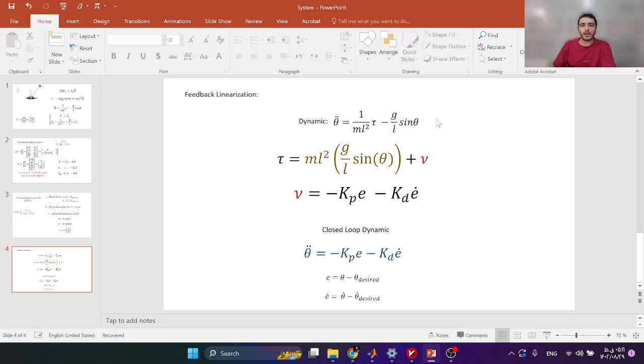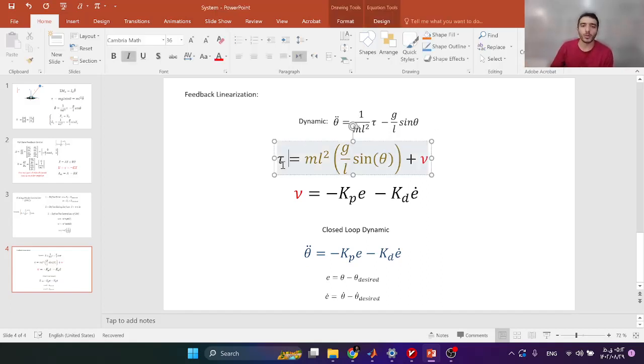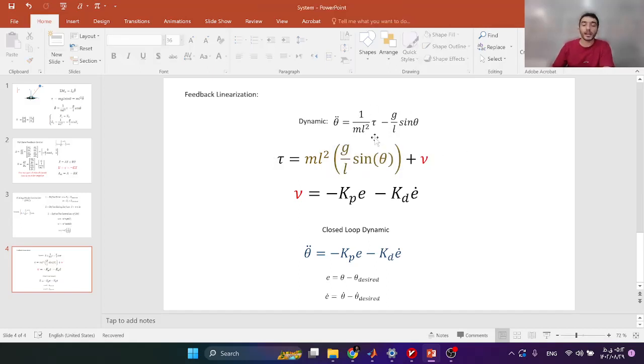In this simple example, if we consider our input tau equals to this term here plus a new term, this first term here, ml squared times g divided by l times sine of theta, is the nonlinear term of the dynamics.